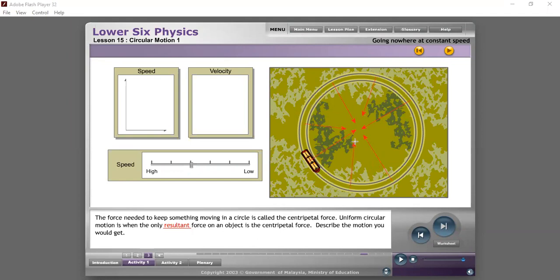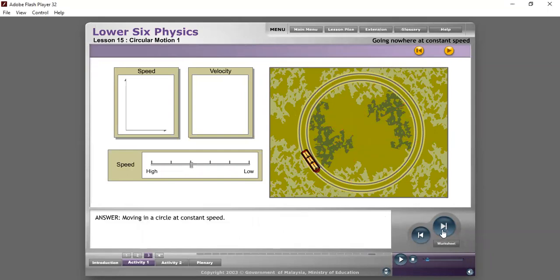We call all of these the centripetal force, at 90 degrees to the object's motion. Answer: moving in a circle at constant speed.